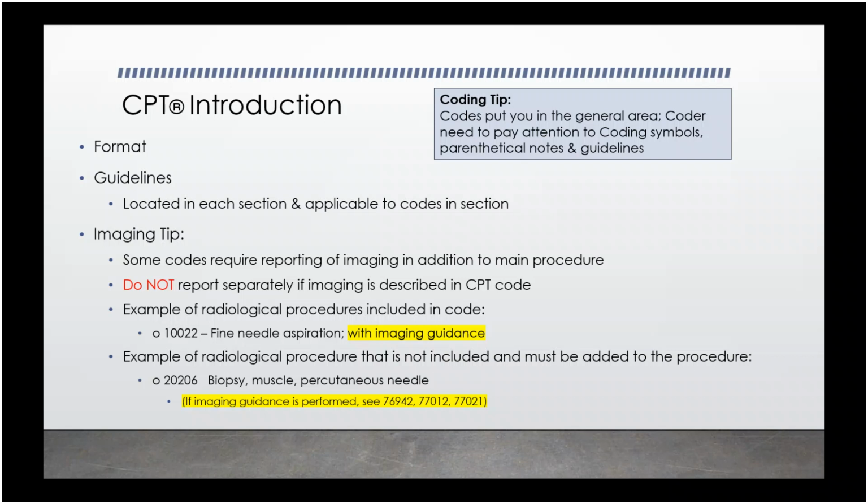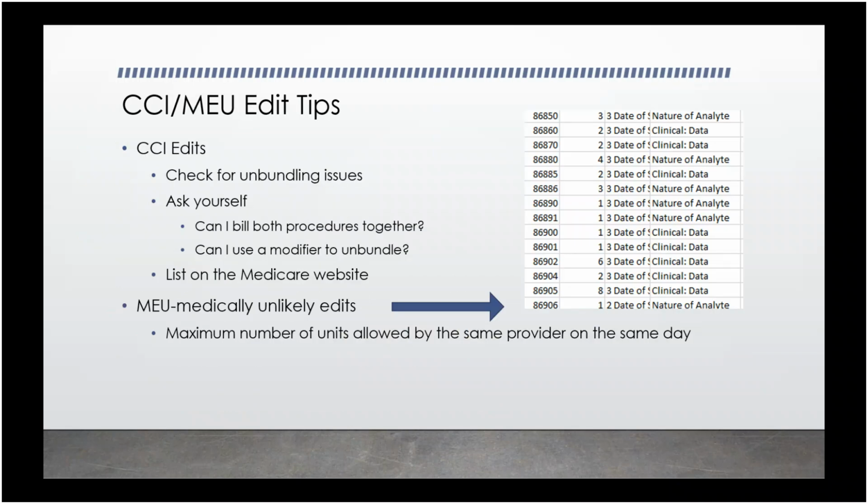Anything within your study guide that says tip or brings your attention to it, you need to mark and be aware because there is a potential for either a true-false question or a question in general on that. CCI and MUE edits. You do have questions on this, but really and truly you do not have to go anywhere else to get the answer because they are specifically related to your study guide.